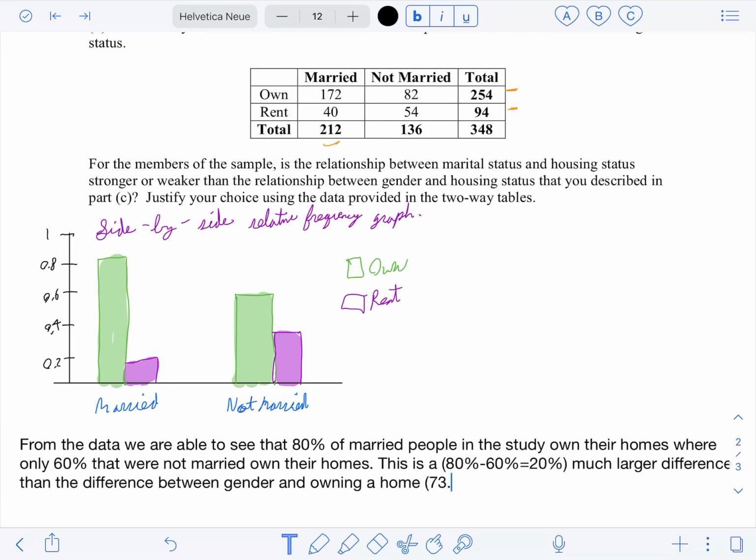That's 73% minus 72%. I guess you could probably round them up, which was equal to 1%. Okay, so it's a much larger difference than the difference between gender and owning a home.